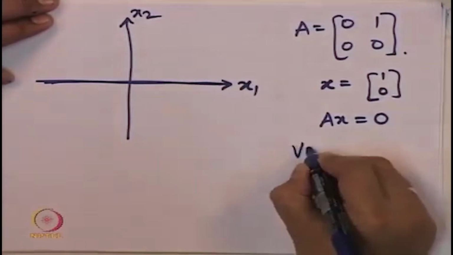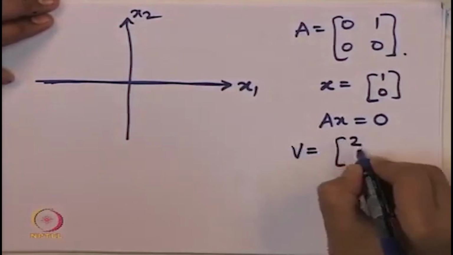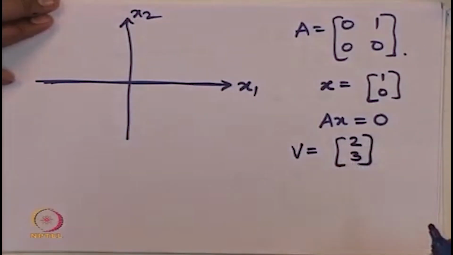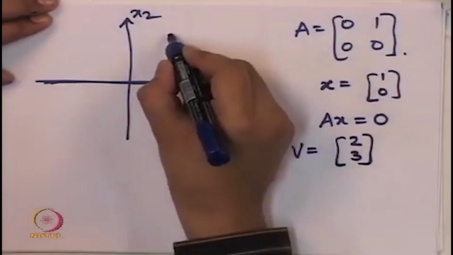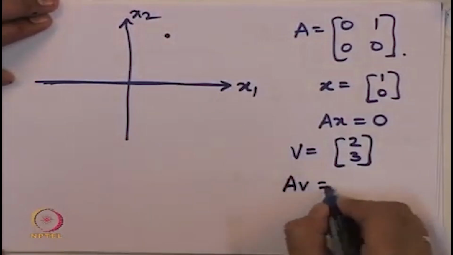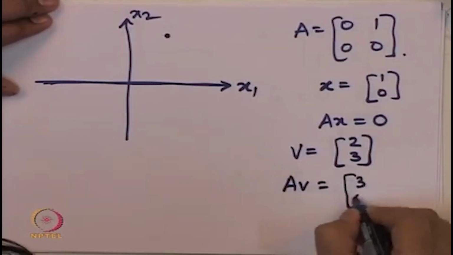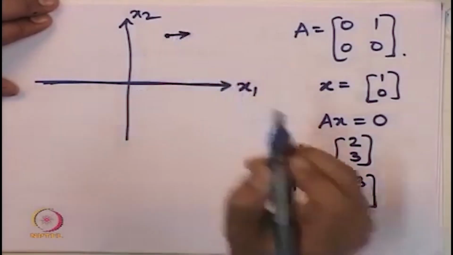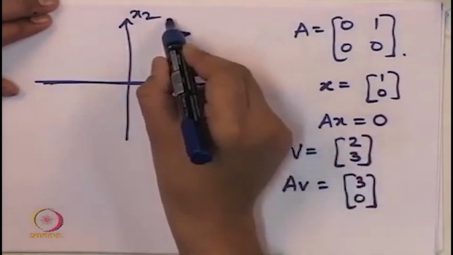But if we take a vector v which is equal to (2, 3), in particular the x2 component is not equal to 0, this particular vector here, when A acts on v, we get something that is parallel to the x1 axis.